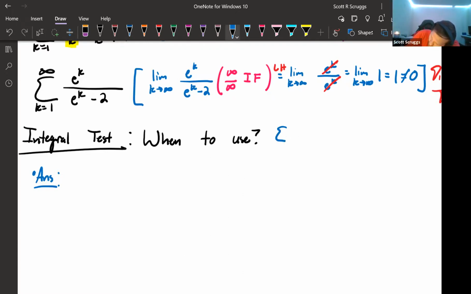So let's say I have an arbitrary series a of k. Let's say I formed the function f of x by replacing everywhere I saw a k in the series with x.